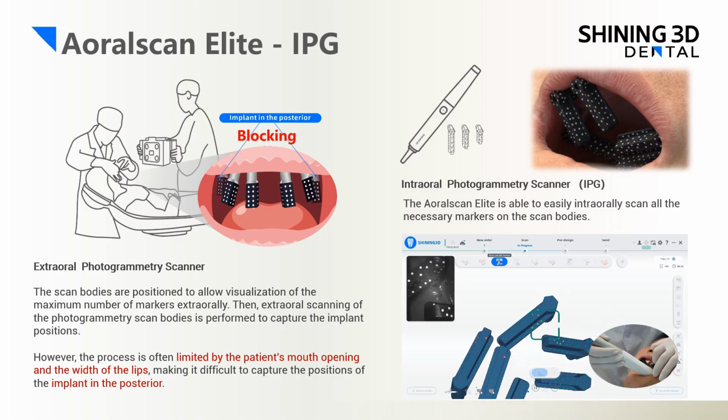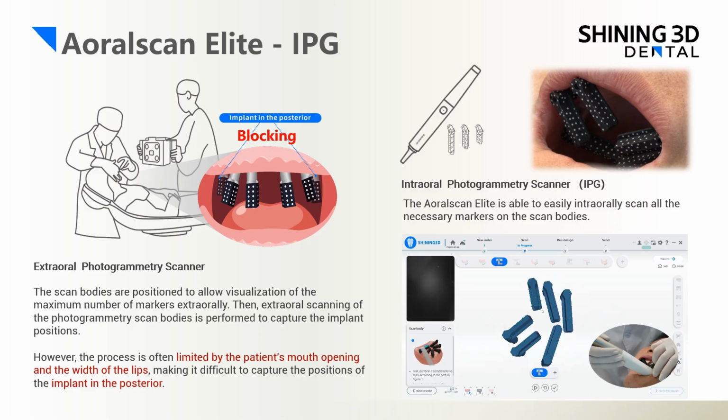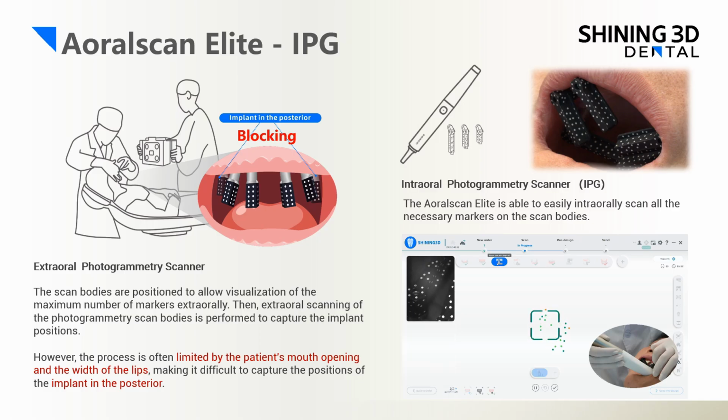Then the extraoral scanning of the photogrammetry scan bodies is performed to capture the implant positions. However, the process is often limited by the patient's mouth opening and the width of the lips, making it difficult to capture the positions of the implants in the posterior.